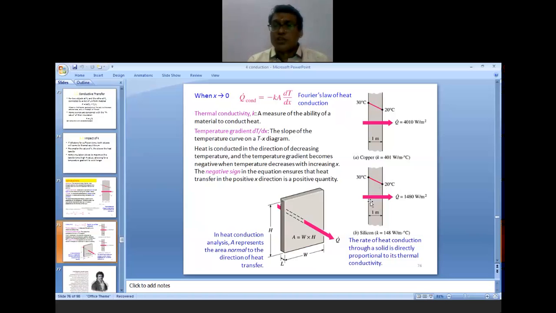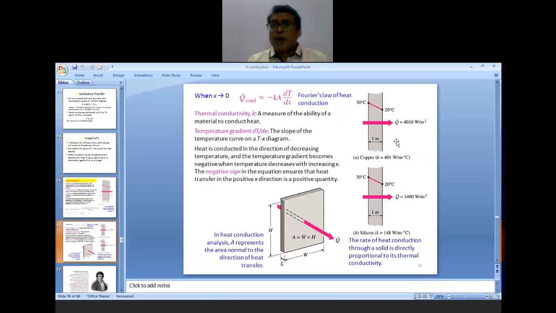This is the heat flow, and it depends on the cross-sectional area A and the thermal conductivity K. Now this is copper, which has a thermal conductivity of 401 watt per meter degree Celsius, and silicon, which has a thermal conductivity of only 148 watt per meter degree Celsius. Now the temperatures are the same, and the width is also the same.